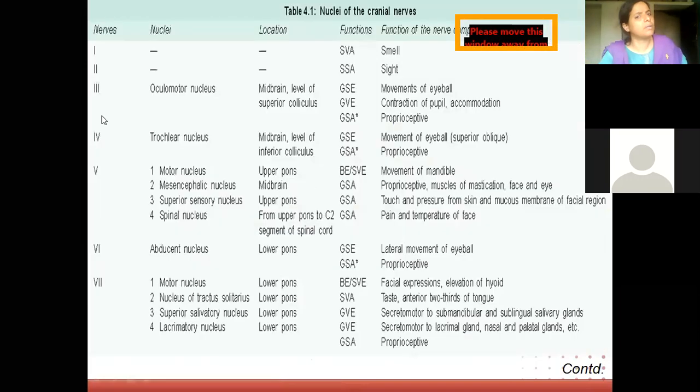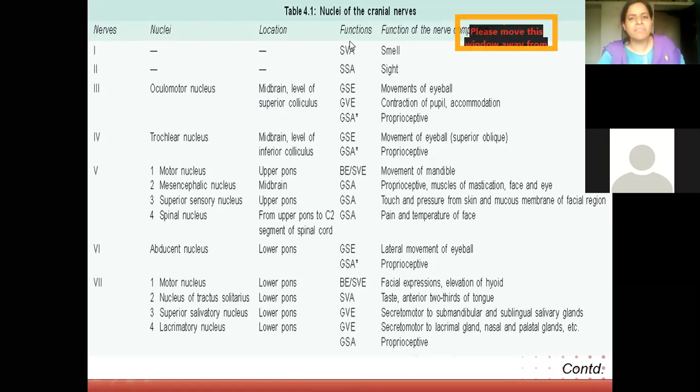It's not so difficult also. In fact, the oculomotor nerve nucleus is situated at the level of midbrain, that is at the level of the superior colliculus. We have discussed corpora quadrigemina. I told you superior colliculus, inferior colliculus, four elevations we have at the level of midbrain, posterior aspect. So this nucleus is at the level of the superior colliculus.